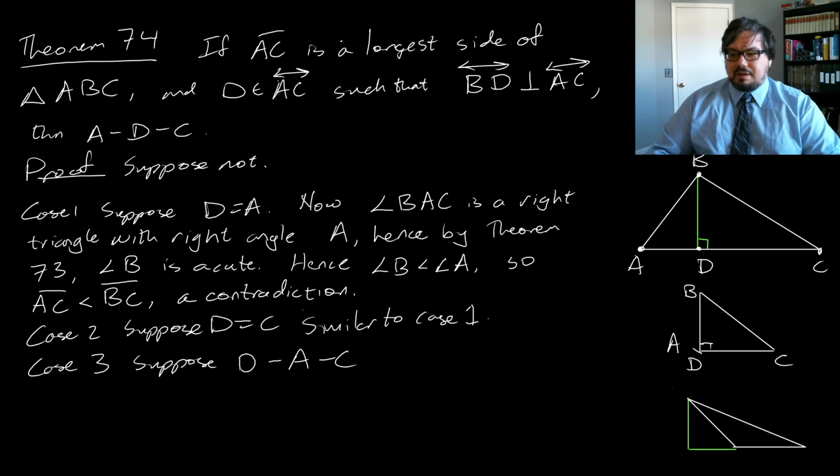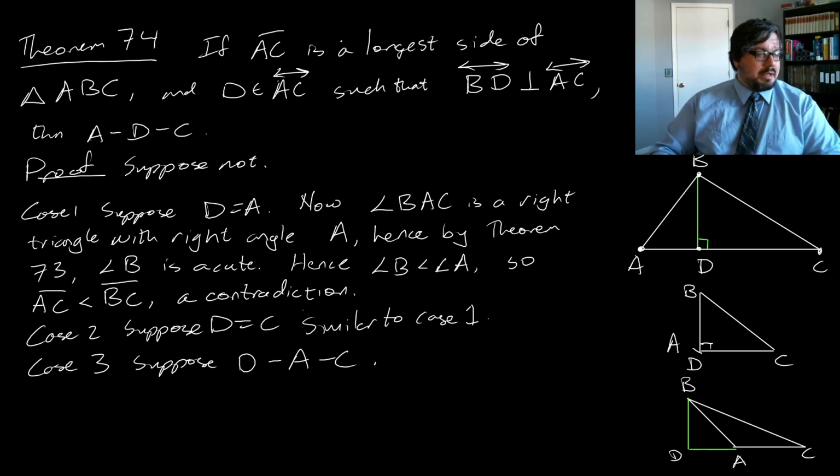We've got B, D, A, C. So now we have the triangle BDC is a right triangle.